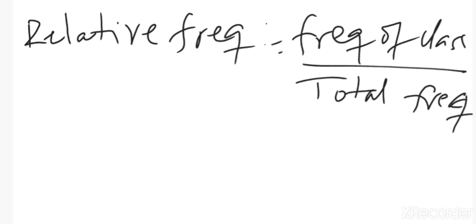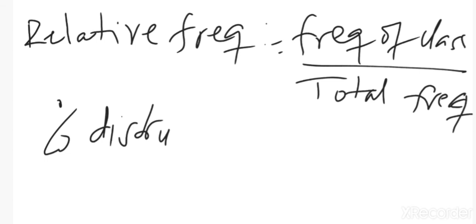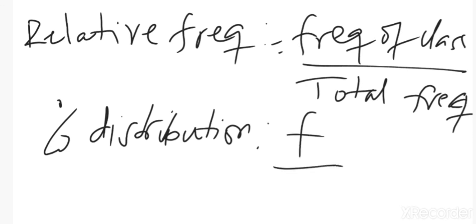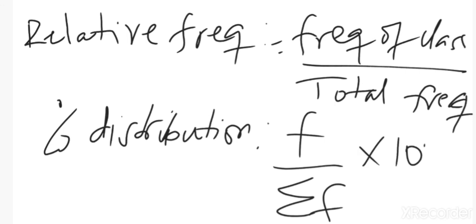This is the formula of calculating relative frequency. So there is what we call percentage distribution. For the percentage distribution, it is equal to frequency over sum of frequency, then times 100. This is how we calculate the percentage distribution of the given data.